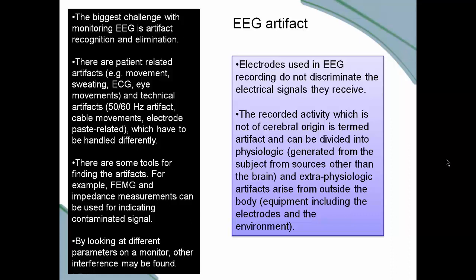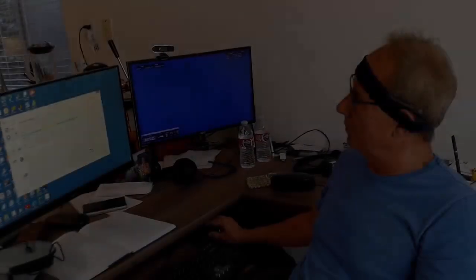But there's all kinds of other things to take into consideration if you're actually going to do research in this. And if you look at various parameters on the monitor, you can actually see where there's interference and electromagnetic or physical artifact as well.